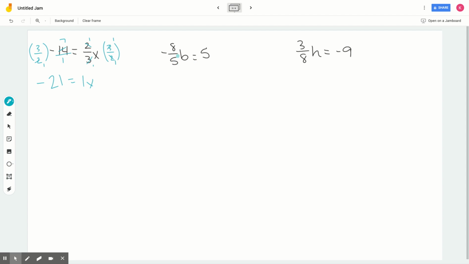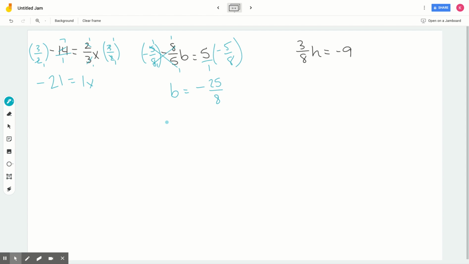The same thing on the second one. We can't divide by a fraction, so we multiply by the reciprocal. Remember that those whole numbers go over 1. We can cross cancel. Remember that a negative times a negative is a positive. So we have b equals positive times a negative is a negative. 5 times 5 is 25. And 1 times 8 is 8.